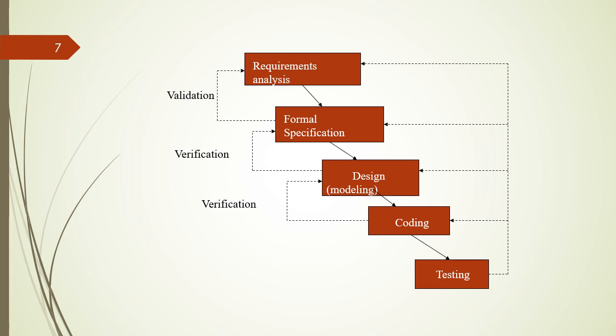Formal methods provide validation that our formal specification is according to the requirements of software, verification that our design is according to our formal specification, and verification that our code is according to our design as well as the specification given by the customer.